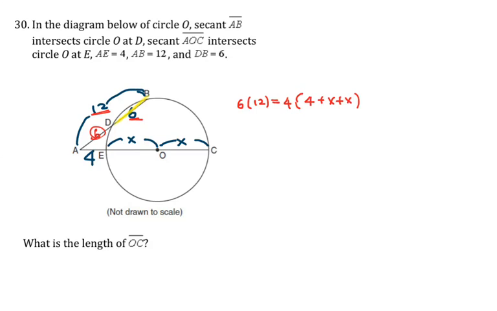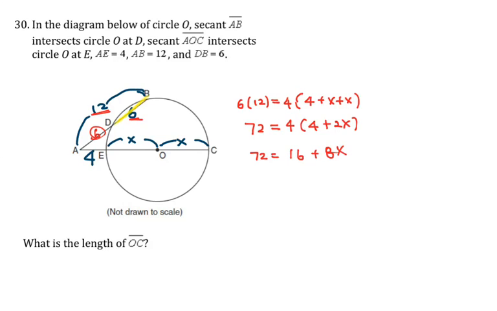Now then, on the left side, we end up getting 72, which is equal to 4 times 4 plus 2X. Now, 72 then is equal to 16 plus 8X, because 4 times 4 plus 4 times 2X becomes 8X.